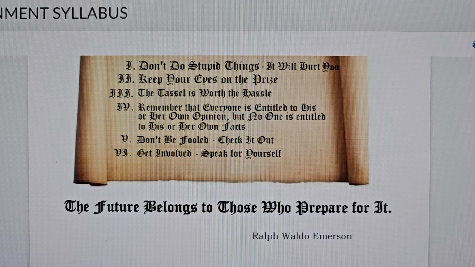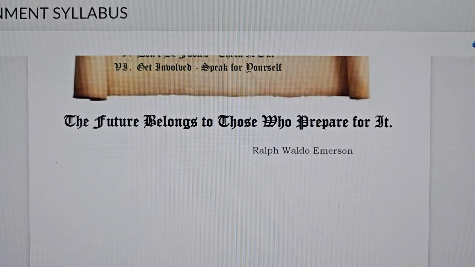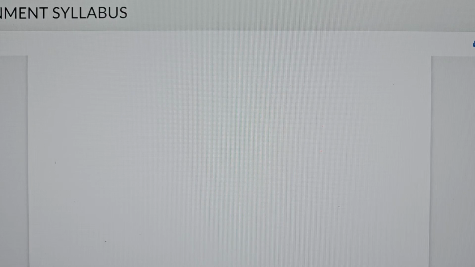When you hear politicians say something and it doesn't sound quite right, do a little research. Go to a website that fact checks whatever's said, because people lie all the time. So don't be fooled. Check it out. Get involved. Speak for yourself. And the future belongs to those who prepare for it.